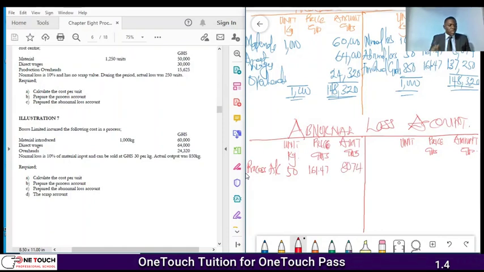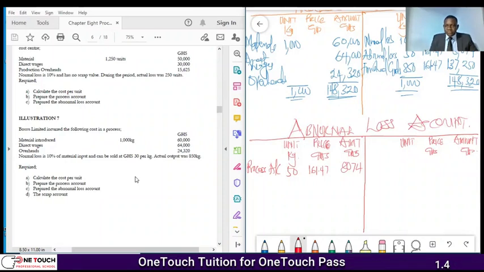8,074. Okay, good. Now, we learned that where the abnormal loss can be scrapped, that scrap value should be used to reduce the loss. Here, the normal loss is 10% of material input and can be scrapped at 30 per kg, the same for all losses in the process unless different prices are assigned.